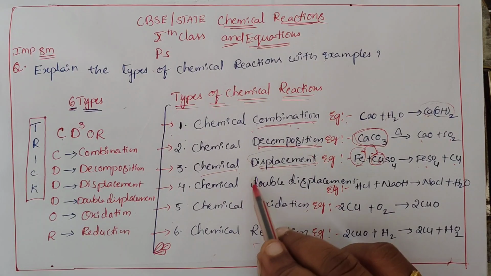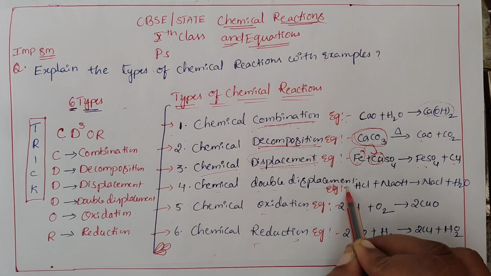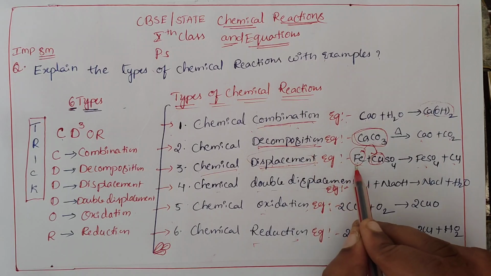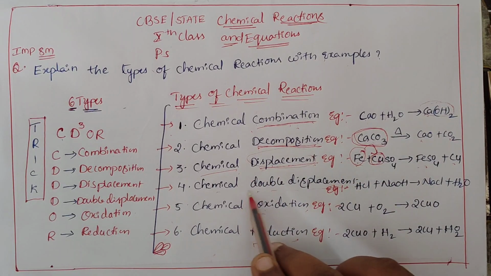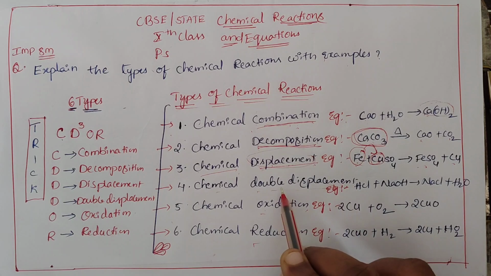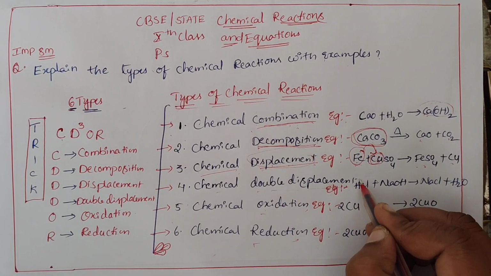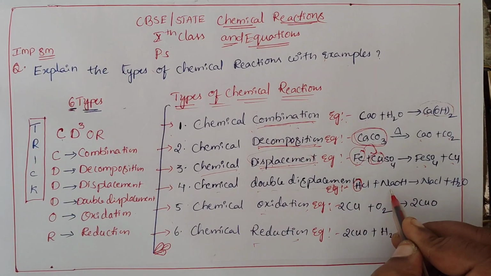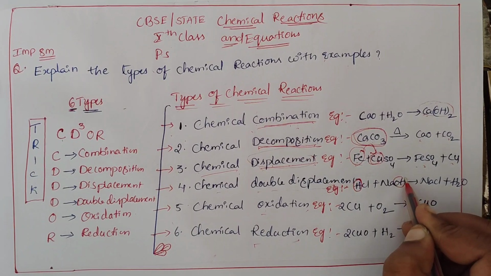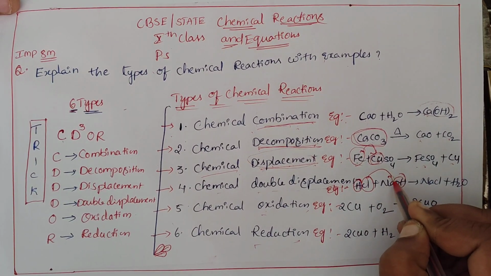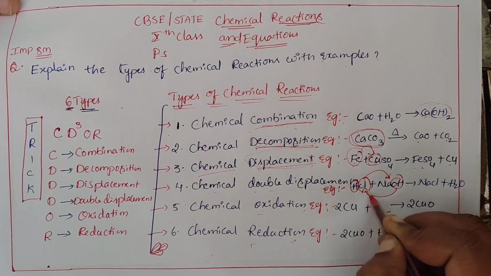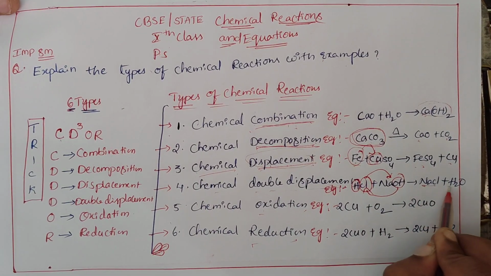And the fourth type of reaction is chemical double displacement reaction. Single displacement taking place is a chemical displacement reaction. What about chemical double displacement reaction? Here there is a mutual exchange of ions. The exchange of Cl and OH takes place here, and then there is formation of NaCl and water.